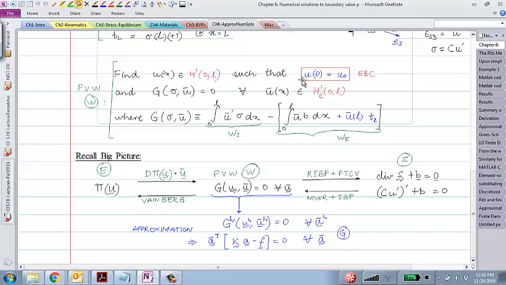In addition, we must make sure that the real displacement satisfies the essential boundary condition, that whatever displacement is given to me at x equal to 0, for example, has to be satisfied. So this is the more tricky part of the real displacement approximation.